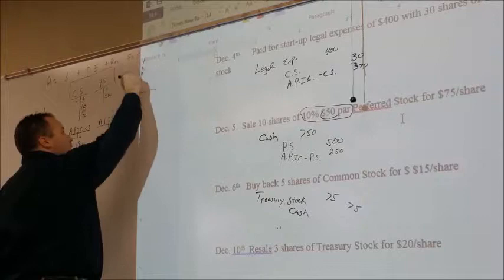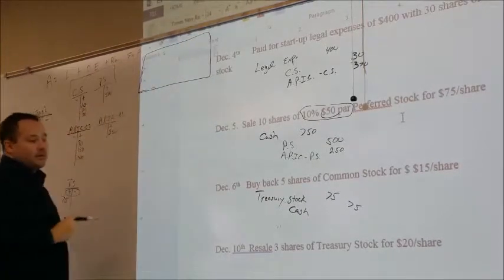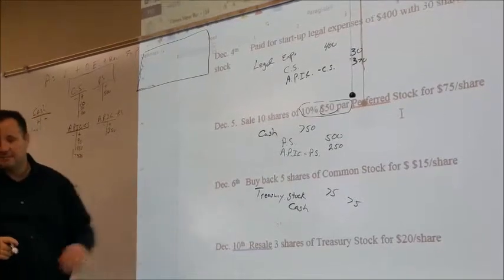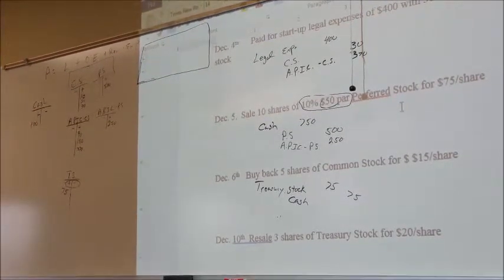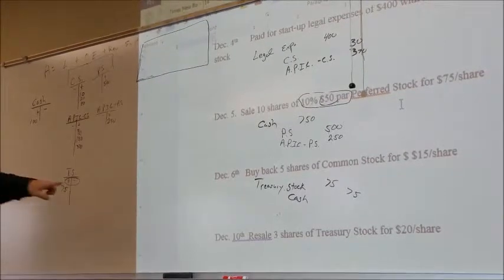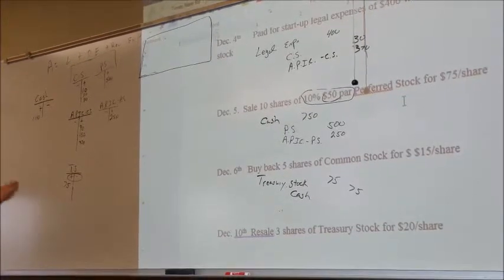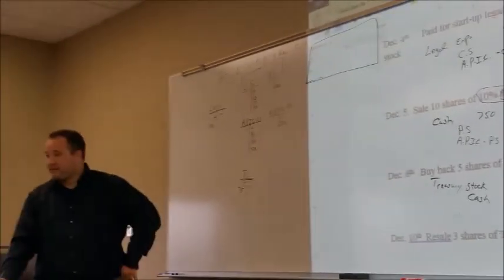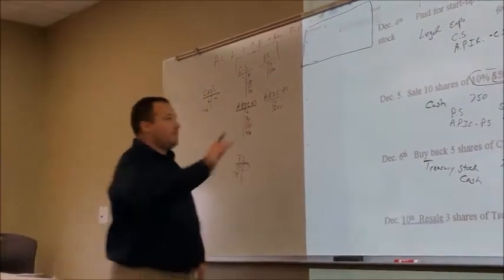Off to the side somewhere, I like to keep a little inventory listing of my treasury stock. Because when I resell it, just like when I sell inventory, I want to get it off my books at what I bought it for. Like with inventory, if I buy something for 4, but I sold it for 10, I don't get it off my books at 10. I get it off my books at what I paid for it, $4. Same thing here.